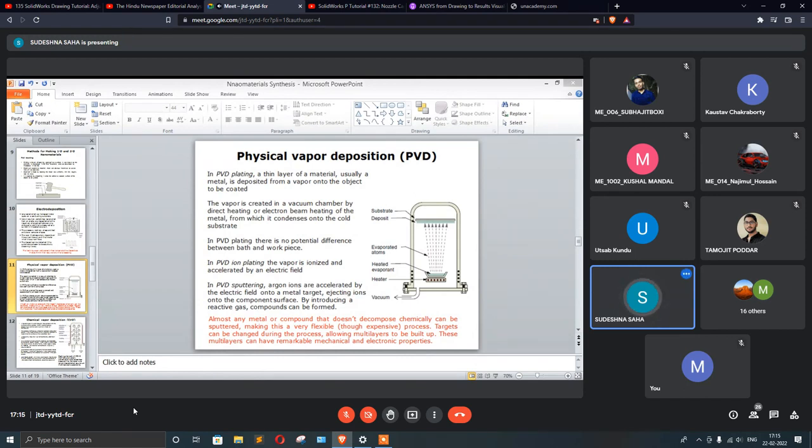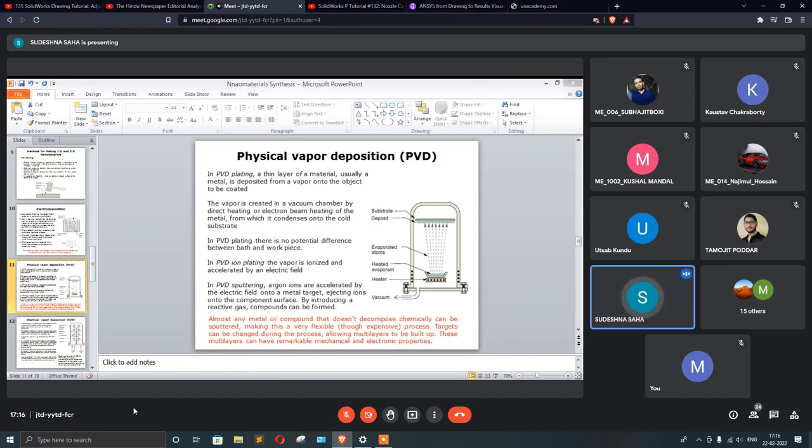And in PVD plating, there is no potential difference between the bath and the workpiece. When we are using PVD ion plating, the vapor is basically ionized and accelerated by the electric field. And in PVD sputtering, argon ions are accelerated by an electric field onto a metal target, ejecting ions onto the component surface.